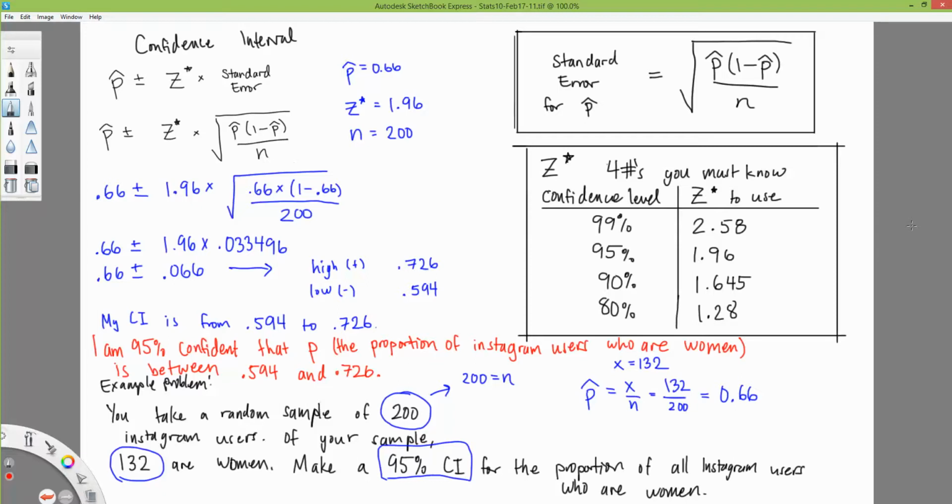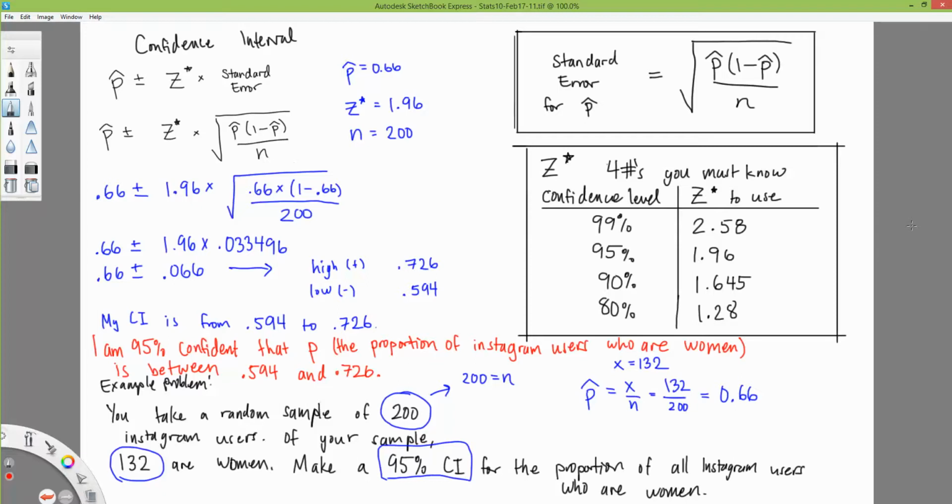So this statement here says, I am 95% confident that p, the proportion of Instagram users who are women, is between 0.594 and 0.726. So we're 95% confident that the proportion of Instagram users is basically between 59.5% and 72.5%.